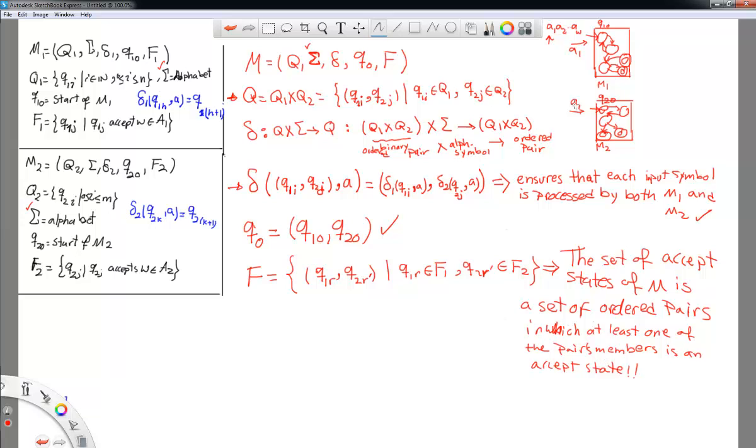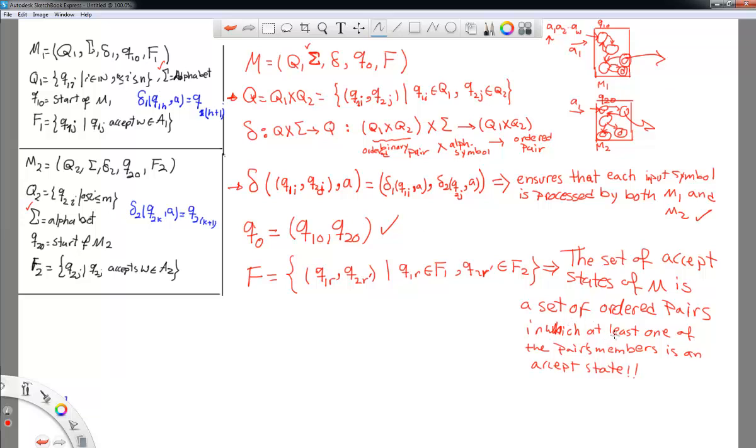What this means is that when I give copies of the input symbols A sub 1, A sub 2, A sub 3, all the way to A sub W, and feed them into machine M sub 1 and machine M sub 2, and I end up at some final state here and some final state here, my combination machine, my union machine, will accept if either one of these two is an accept state.